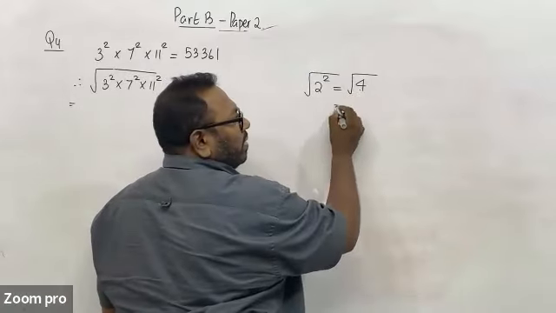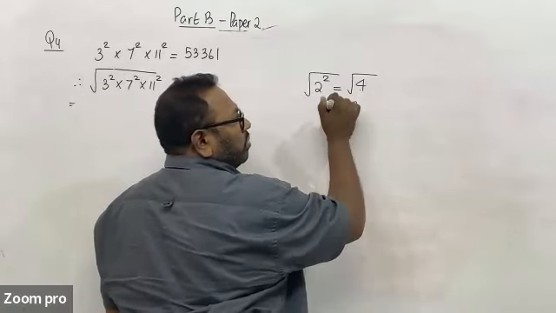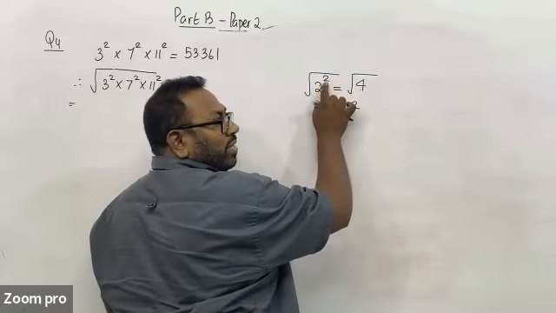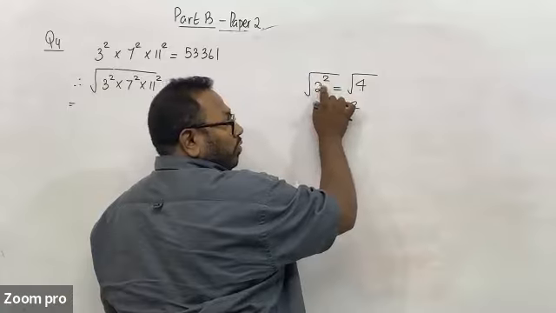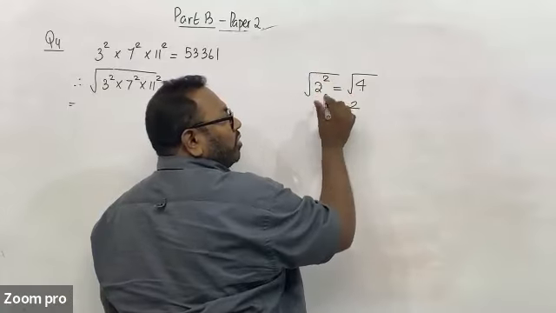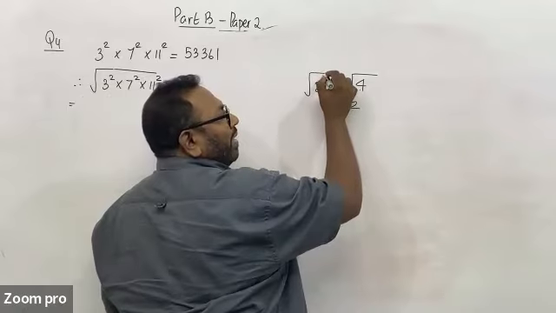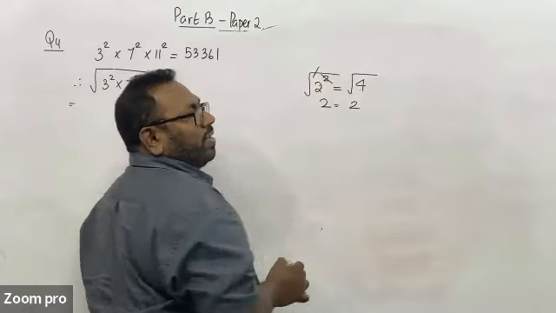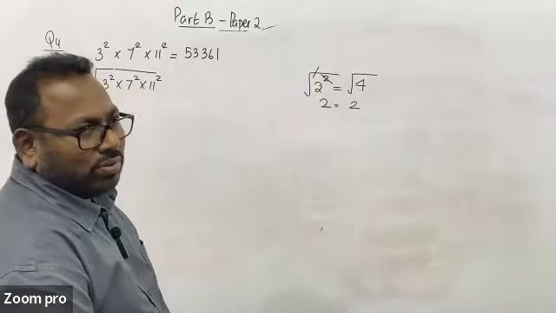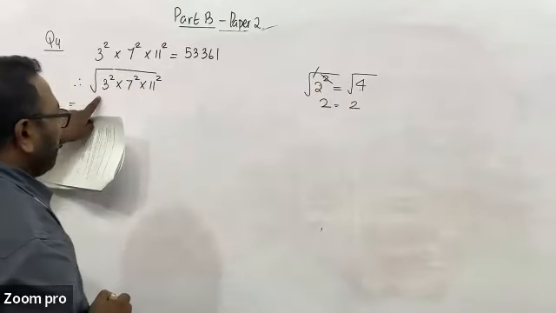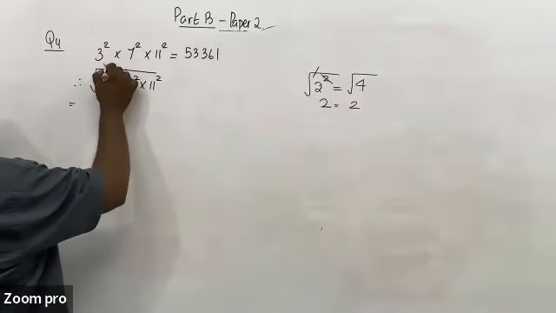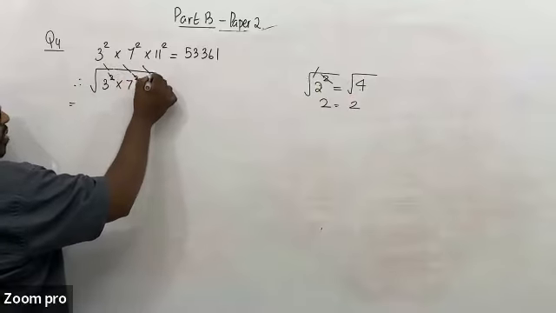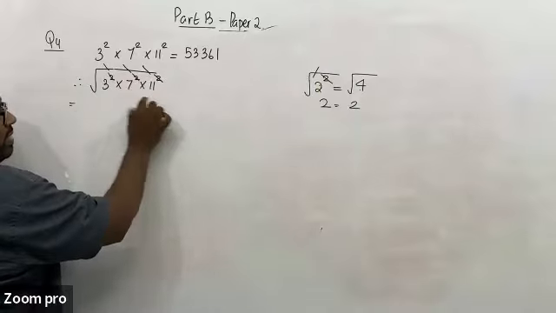Square root of 4 is what? 2. And 4 to the power 2 is 4; square root of 4 is also 2. So what happens in effect is the square root and the square get cancelled out. The same thing is going to happen here.